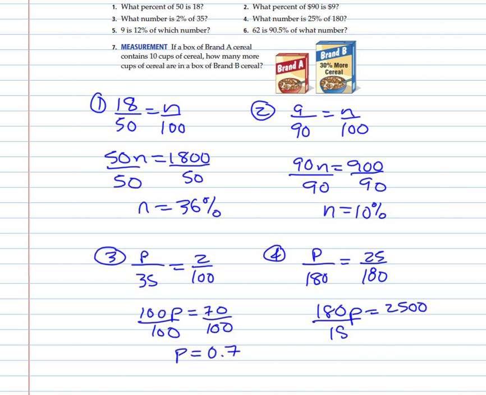Divide both sides of my equation by 180, and I find that p equals 13.888... continues on. It says round to the nearest tenth, so p equals 13.9. So 13.9 is 25% of 180.